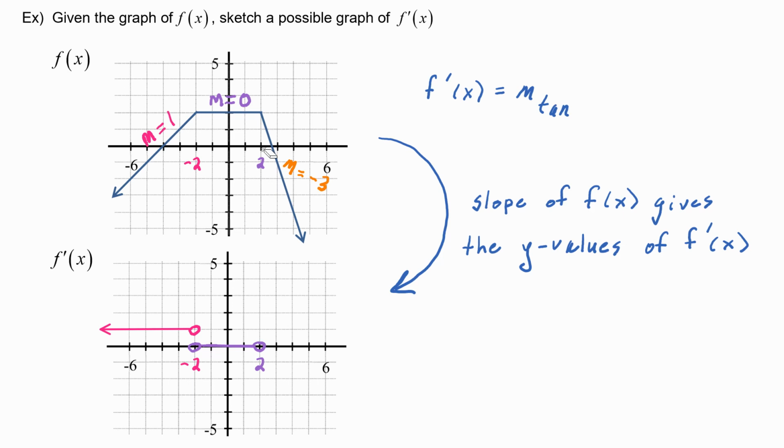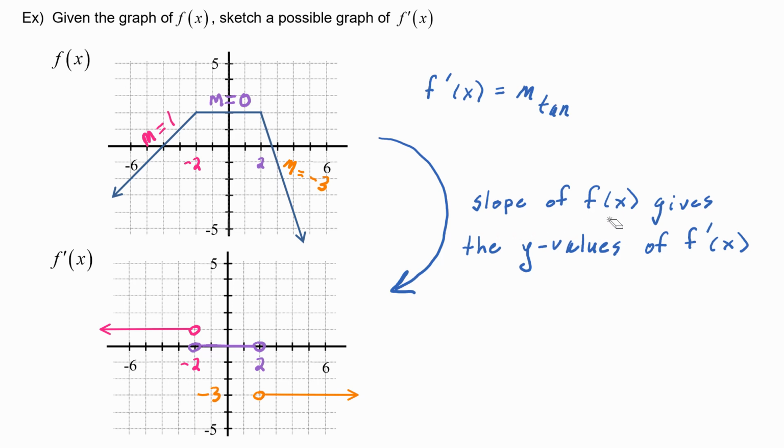So that means from x equals 2 on to x equals infinity, the y value of f prime is going to be negative 3. We put an open circle right at x equals 2 where it changes over, and we put y equals negative 3 there.